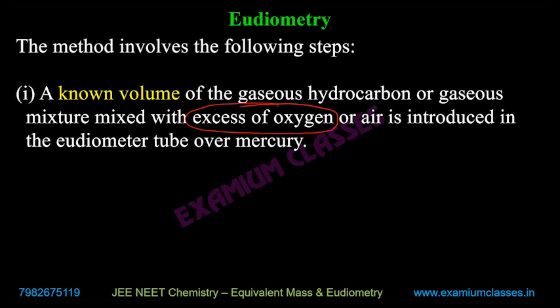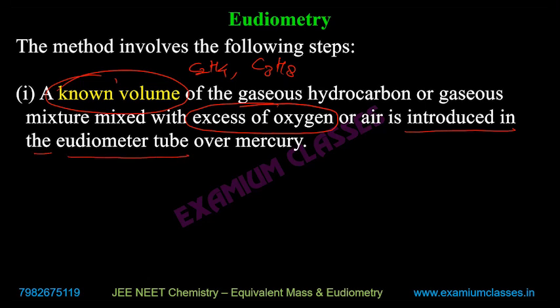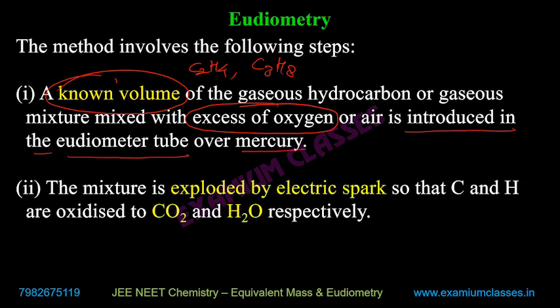Whatever unreacted oxygen is there can be absorbed in pyrogallol. I will tell you later. So a known volume of hydrocarbons, for example C2H4, C3H8, etc., mixed with excess of oxygen or air, is introduced in the eudiometer tube over mercury.